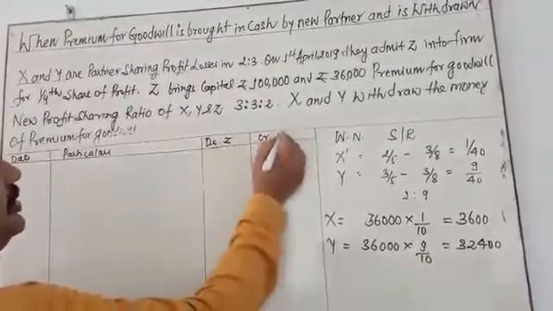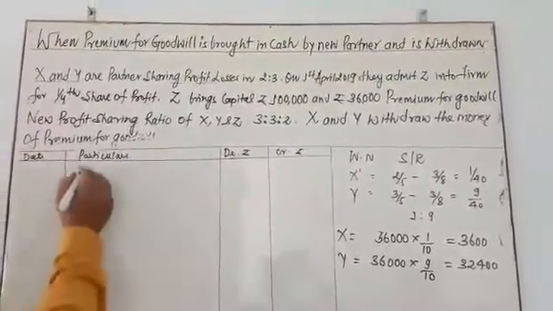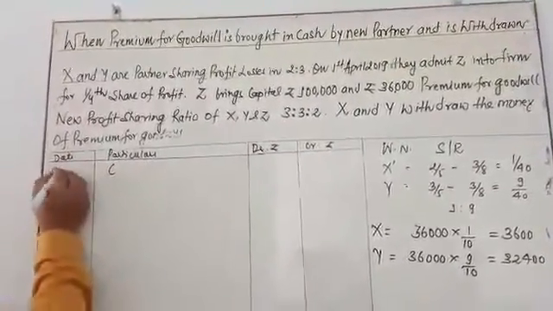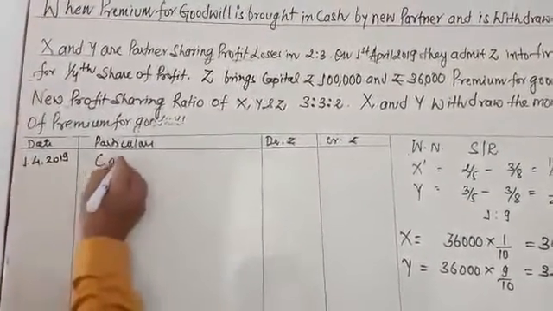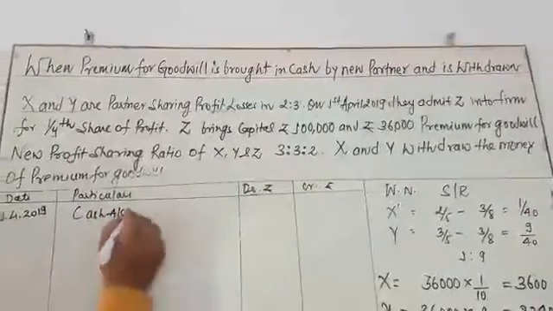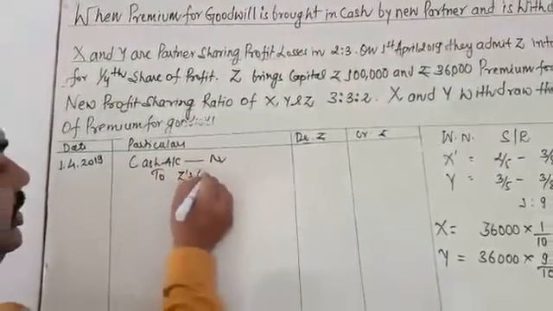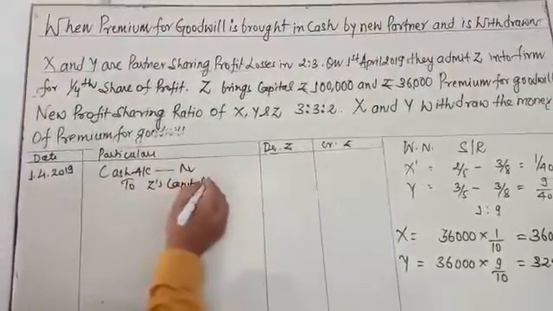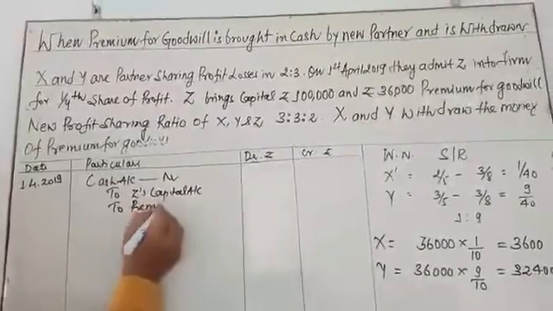The first journal entry: date 1st April 2019. Cash account debited to Z's capital account and to premium for goodwill.